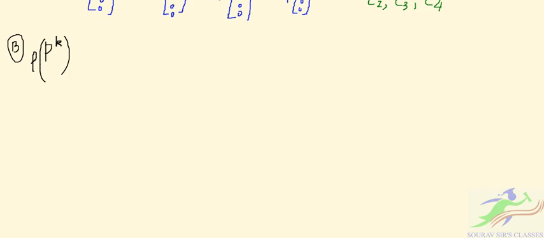So for P to the power 1, from calculation we can find that 4 minus k, where k is 1, the rank will be 3. So this is not 1, this will be 3. So rank of P is 3, so the rank 4 minus k is 3, so k equals 1, right?